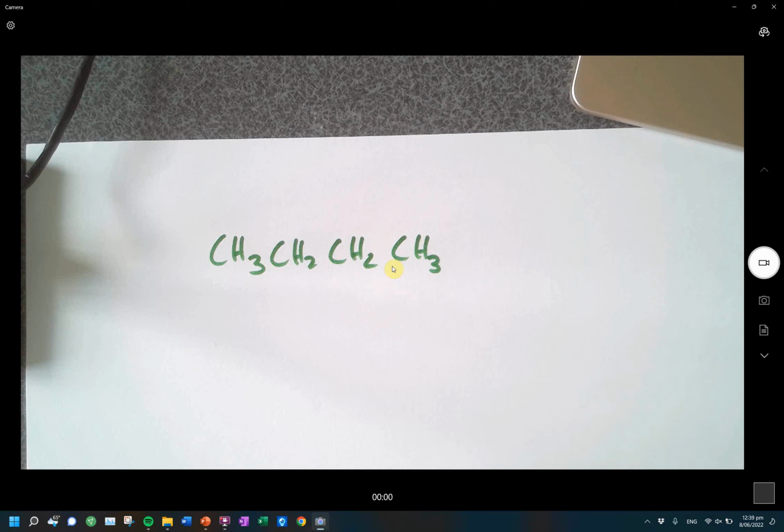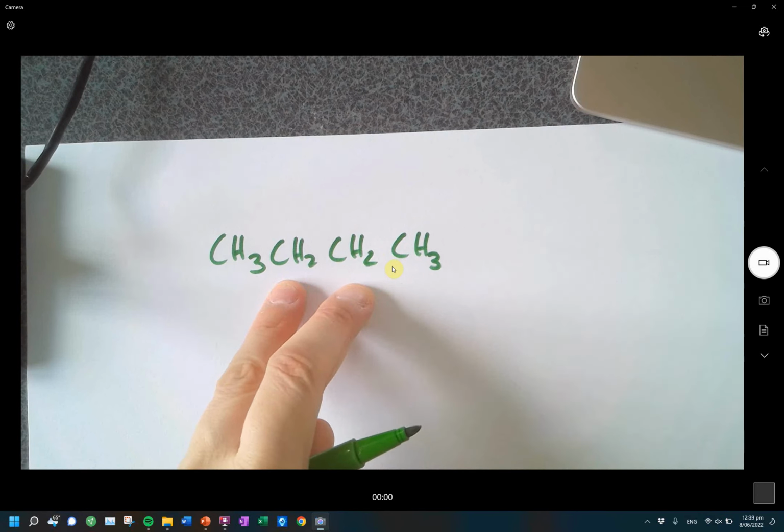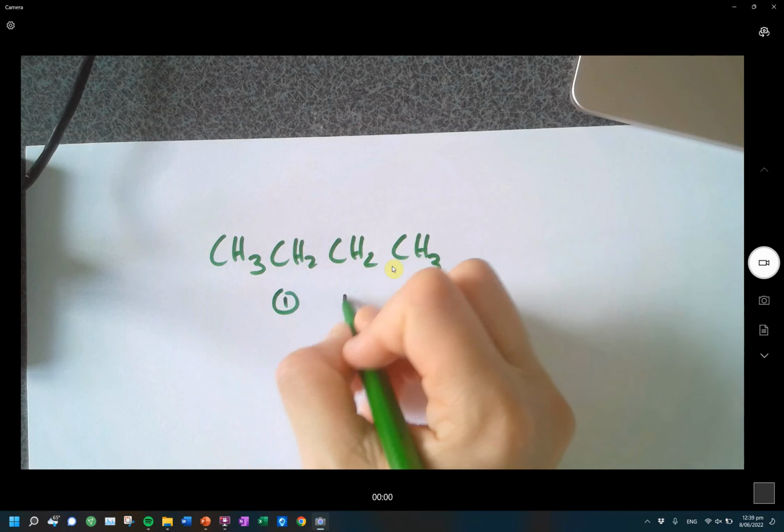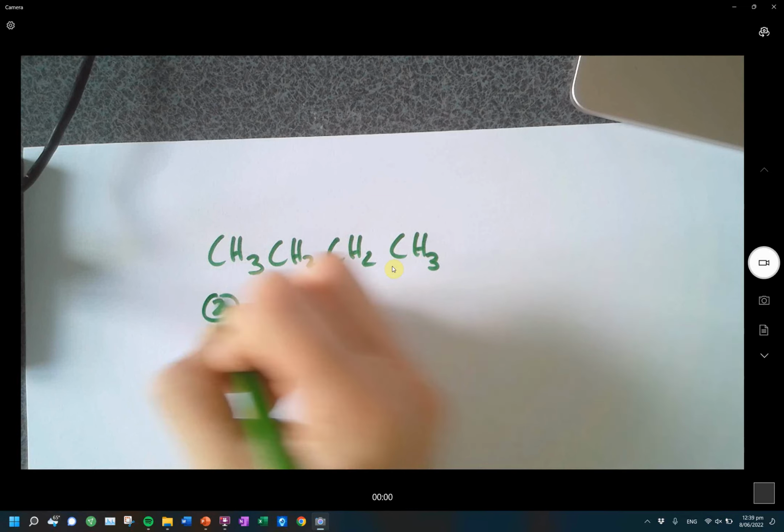Just an alkane. How many carbon environments would I see on a CMMR? Hannah says 2. Anybody else? All right, the answer is 2. So these 2 have the same carbon environment, and these 2 have the same carbon environment.